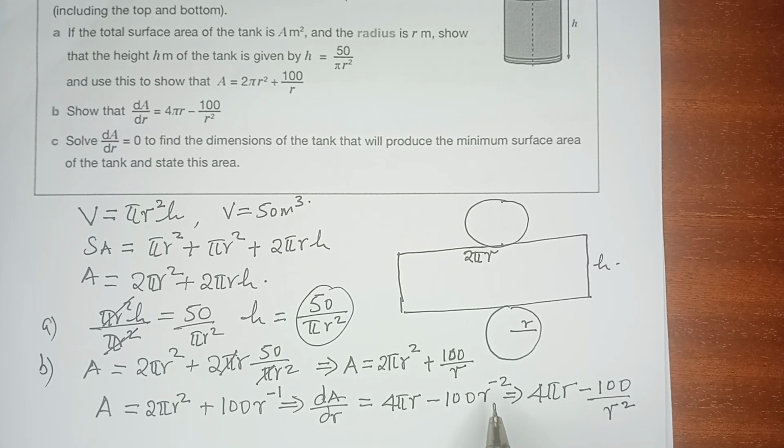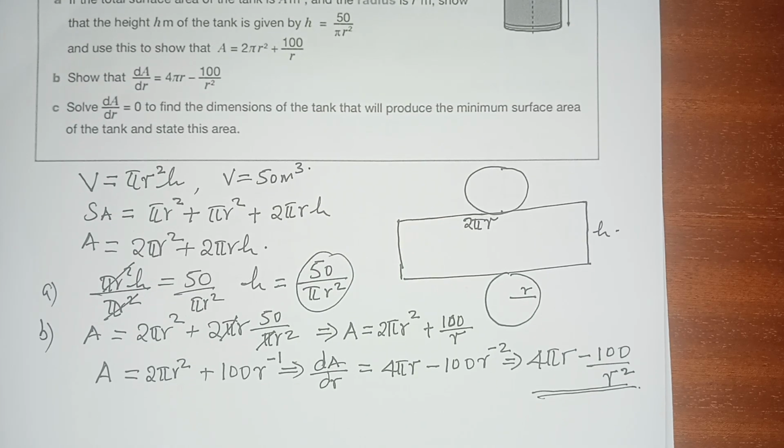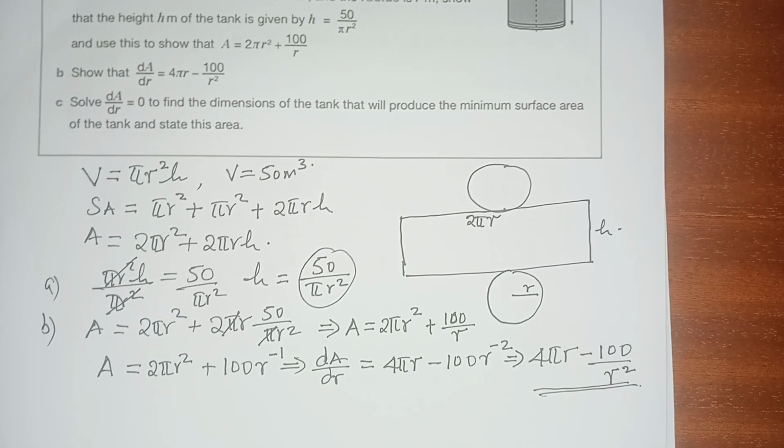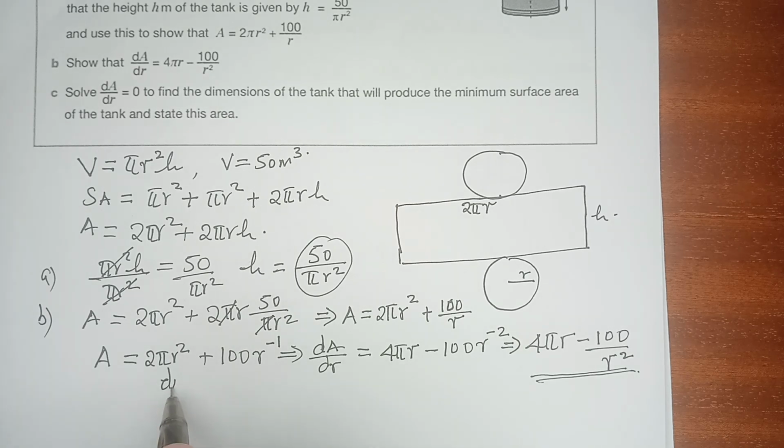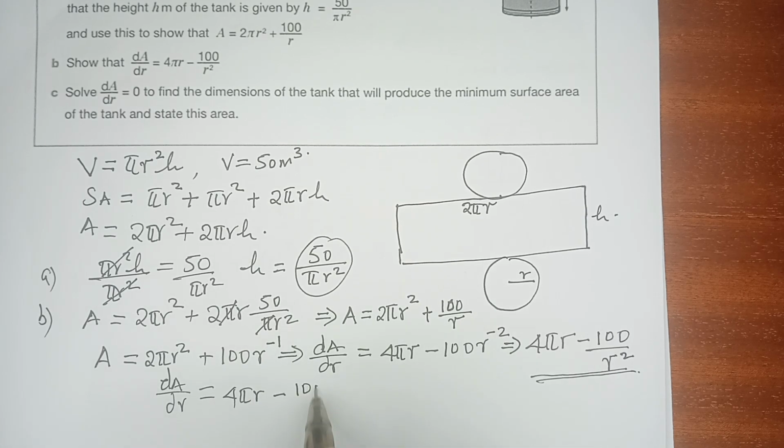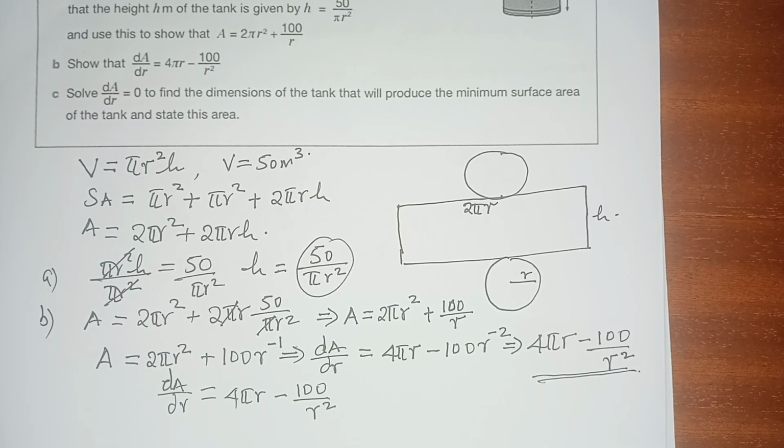Again, when r takes the denominator position, the index changes sign, and that is just it. So dA/dr is 4πr minus 100 over r squared. That's where we are, and part B is solved.